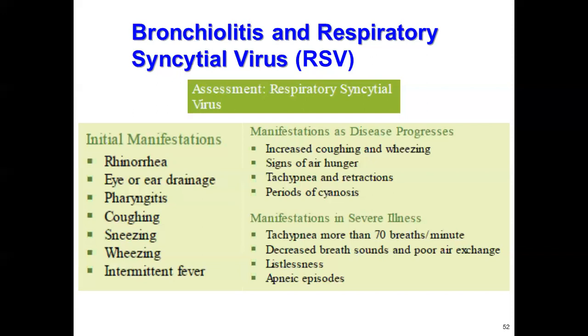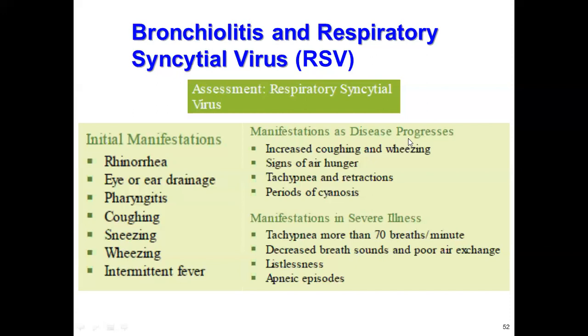If the upper airway is infected with Staphylococcus aureus, we call it staph throat. It is bacterial, but the patient may present with coughing, sneezing, or wheezing. If you auscultate the lungs, you can hear wheezing. Intermittent fever: the temperature goes up and down.